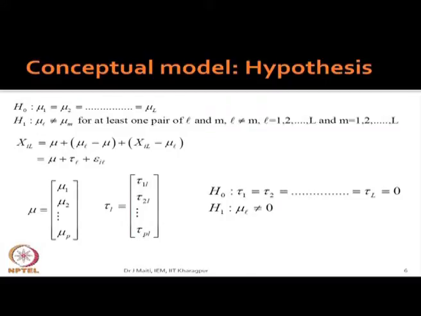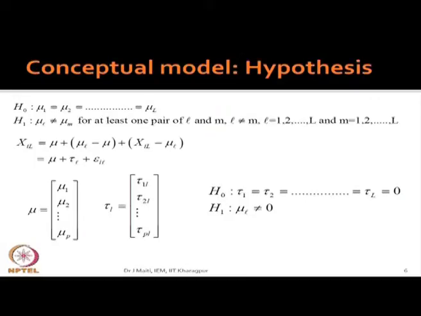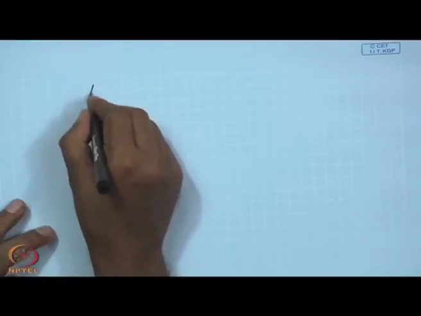Then MANOVA assumes something, and MANOVA also does hypothesis testing like your ANOVA. What are the hypotheses here? What are the hypotheses in ANOVA?